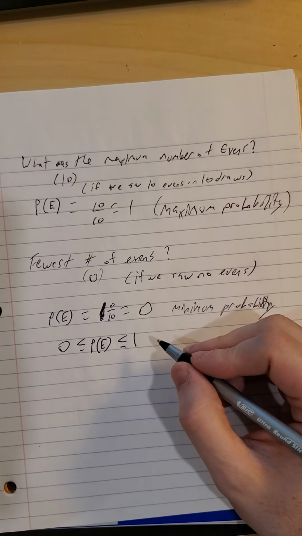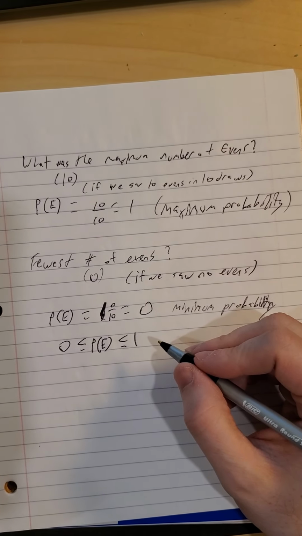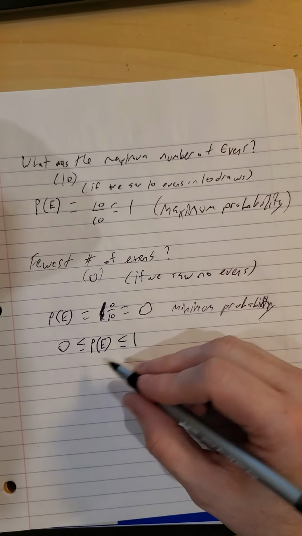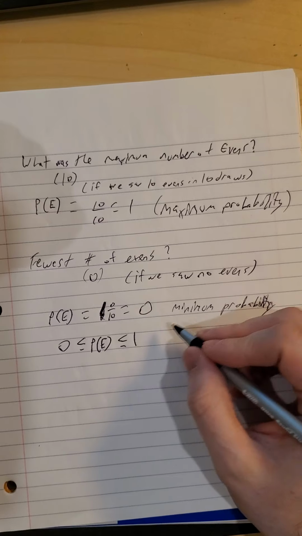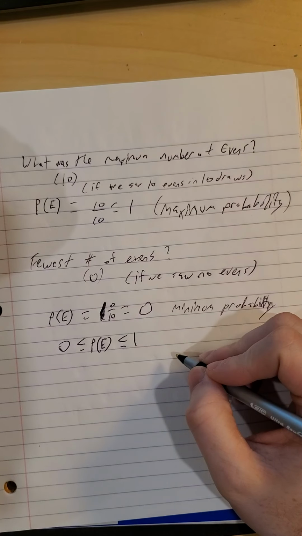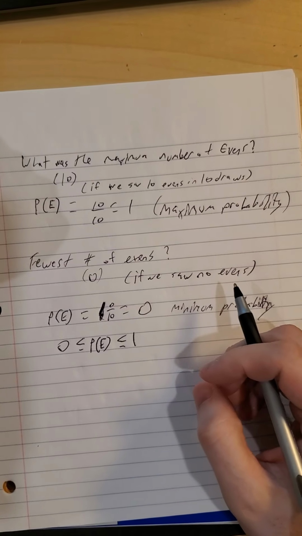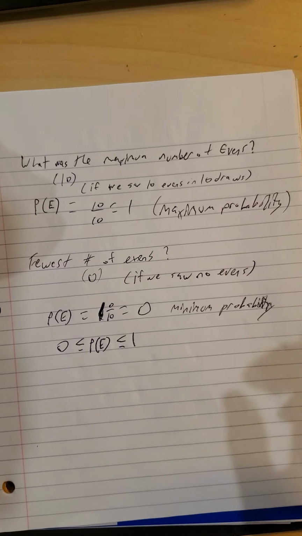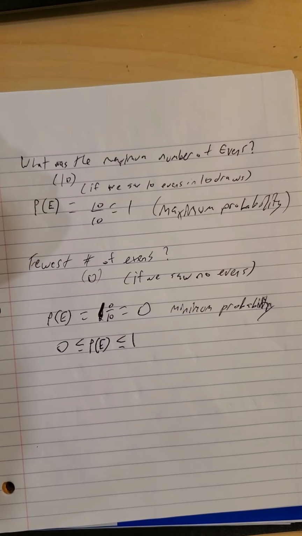This is always between 0 and 1 if you're talking probabilities. 100% of the time, your probability will land you between 0 and 1. So please don't give me a paper saying that your probability is 2.3. Not possible. Can't be a -4. Not possible. Always, always, always between 0 and 1.